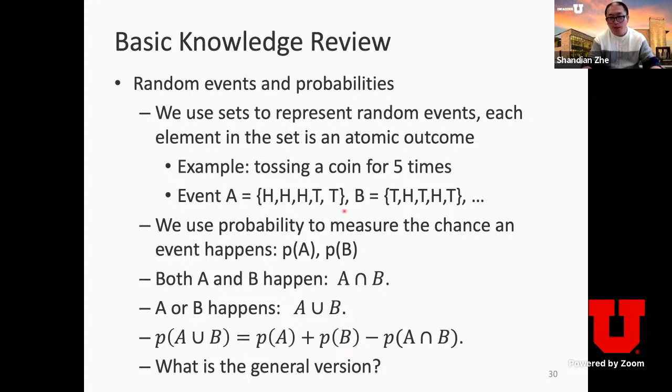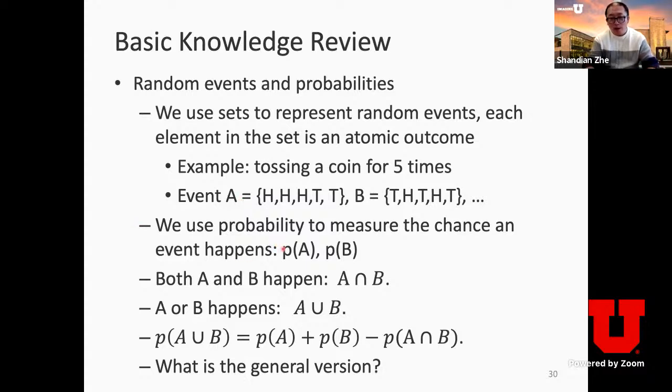You can define many events, and we want to measure the chance that each such event happens. This chance is called probability. So we have to define a function that maps each event set to a value between 0 and 1. This is called probability.